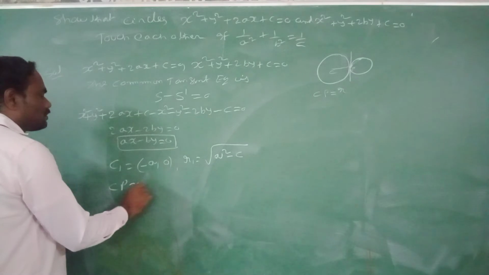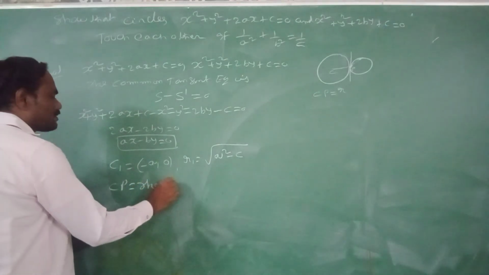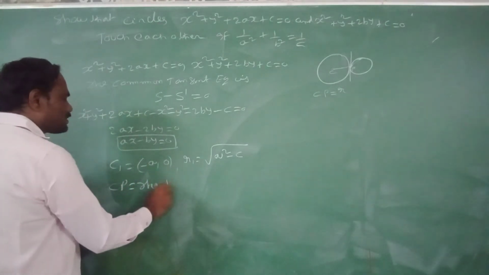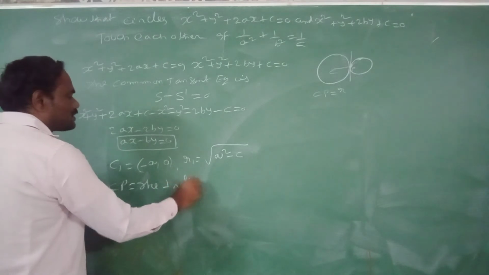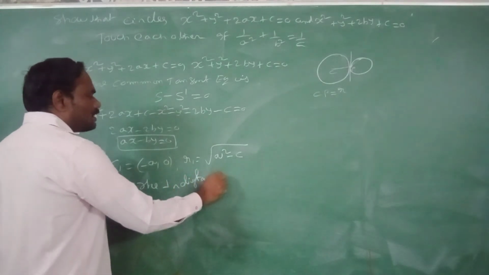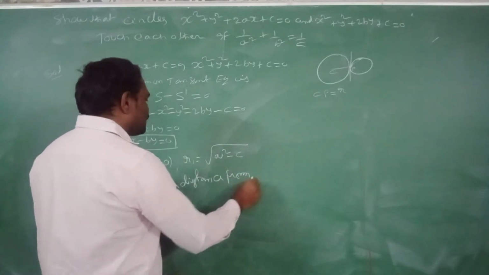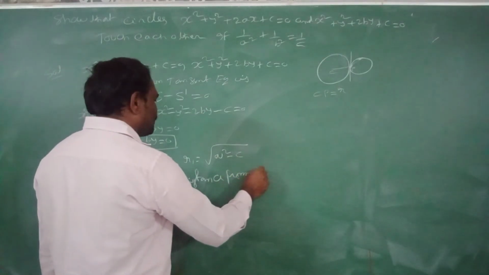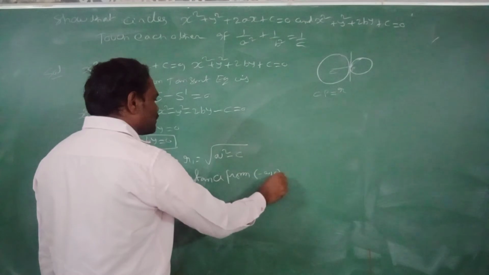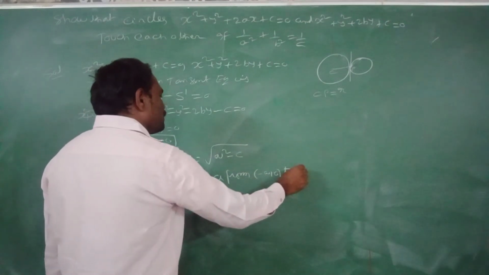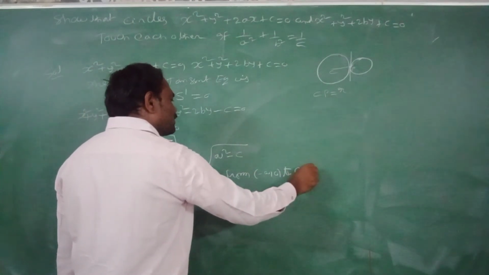CP is equal to the perpendicular distance from the center of the first circle (minus a, 0) to the common tangent.